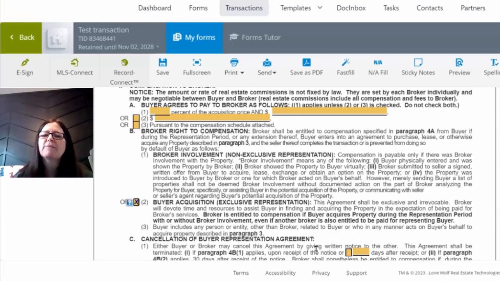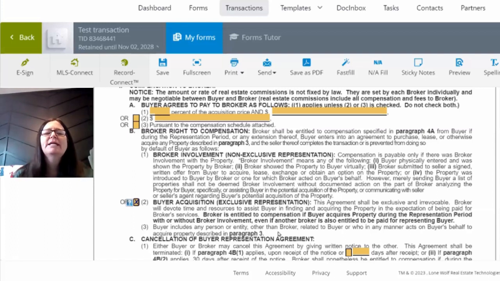Broker will devote time and resources to assist this buyer in finding and acquiring the property with the expectation of being paid for their services. And this is what I was saying earlier. Broker is entitled to compensation if buyer acquires property during the representation period with or without the broker involvement, even if another broker is also entitled to be paid.